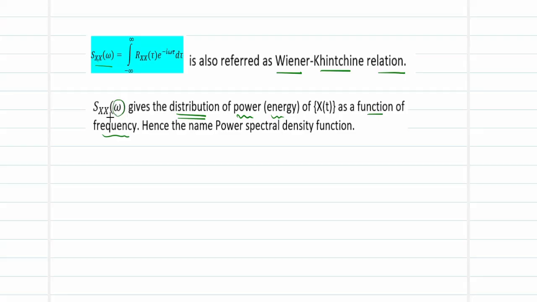Our omega is our frequency. Since it gives us how the power or energy is distributed, it gets the name power spectral density function. So Sx of omega represents the distribution of power or energy, and we denote it as a function of the frequency.